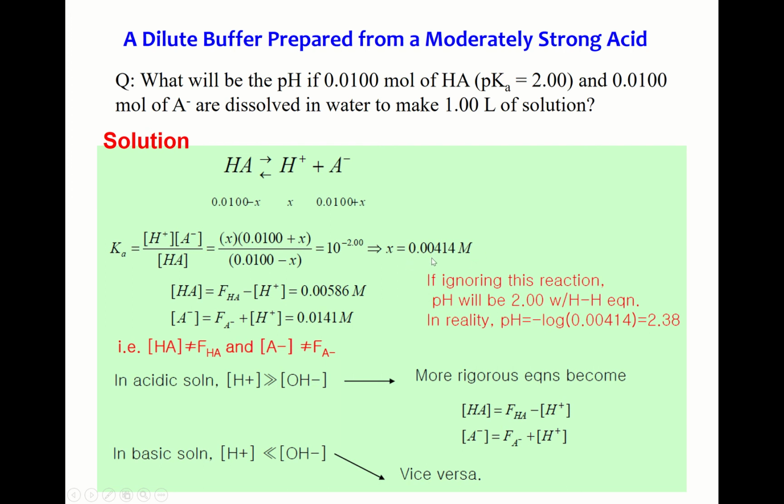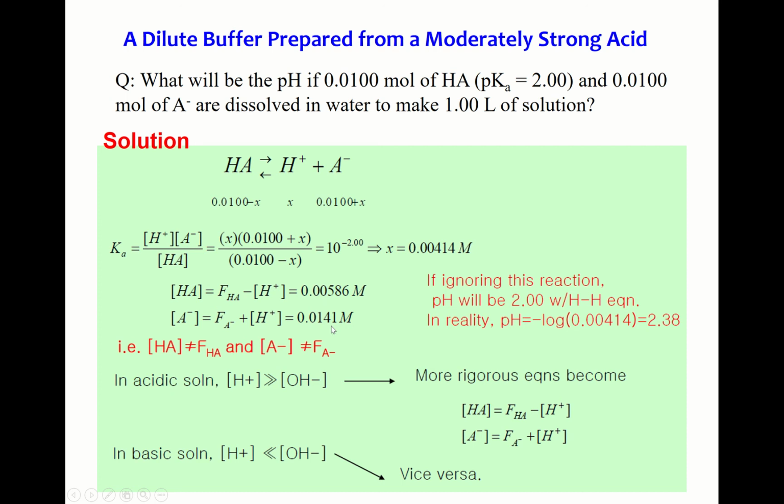You understand? So in this case, we cannot ignore the dissociation of this moderately strong acid. The final equilibrium concentration of HA is 0.00586 molar, and the anion concentration is 0.0141 molar.